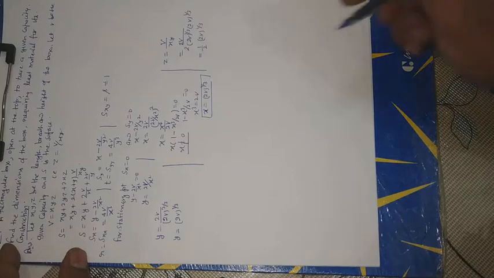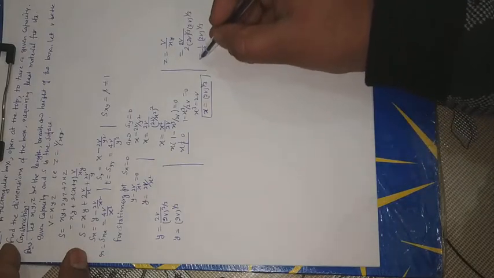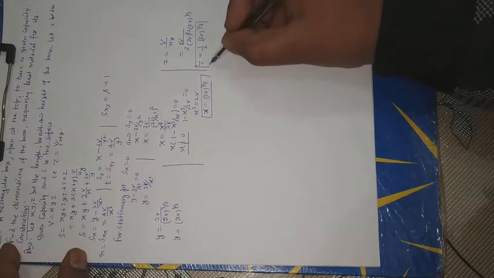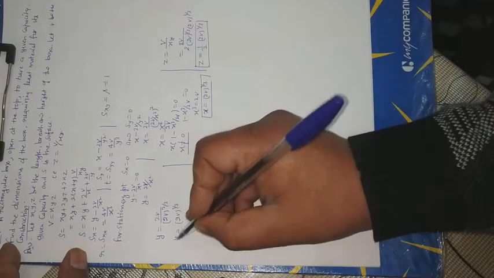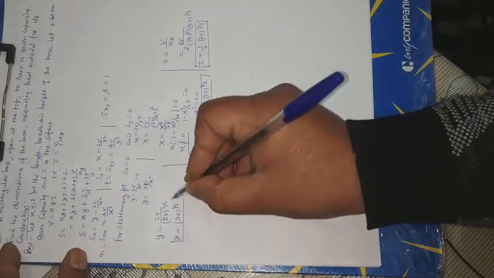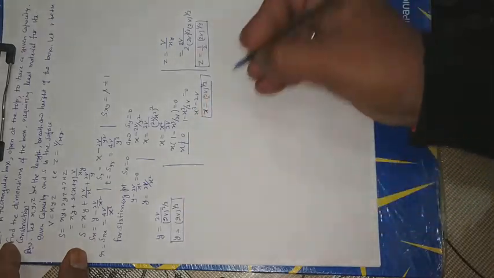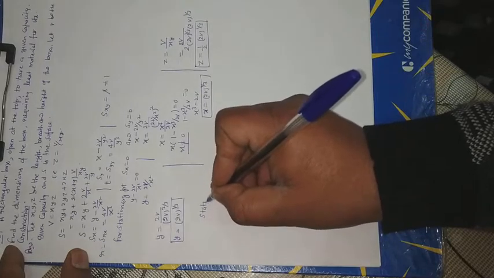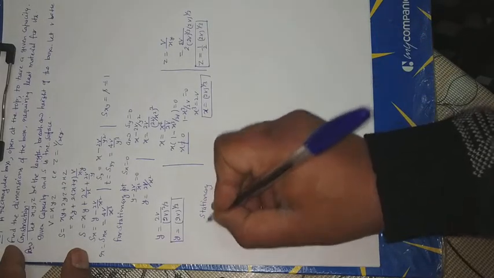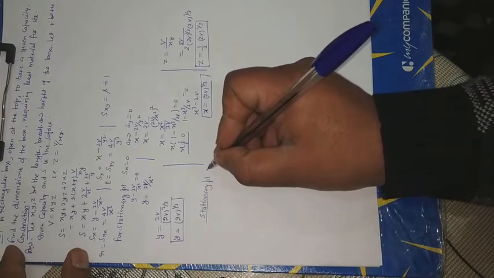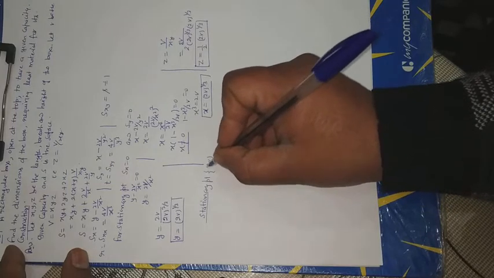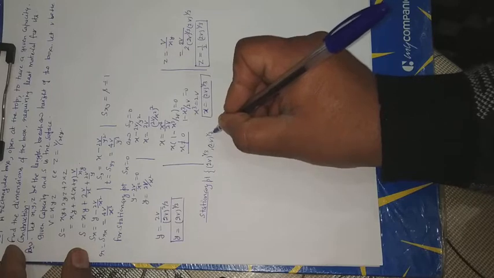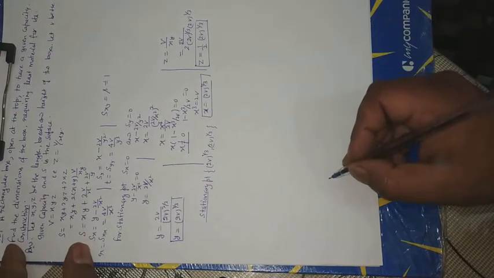Okay. Now this is the dimension of the rectangular box. But the stationary point is ((2V) whole power 1 by 3, (2V) whole power 1 by 3). This is the stationary point.